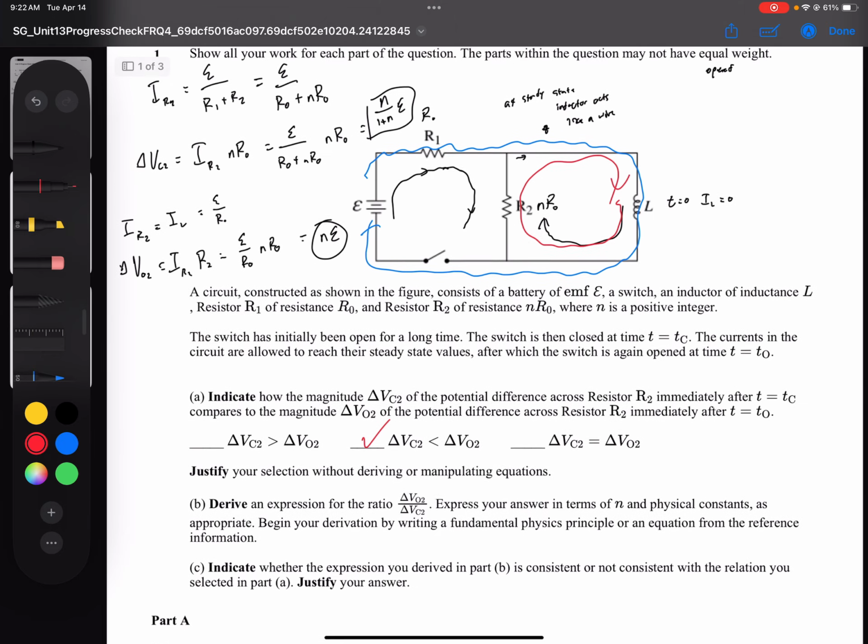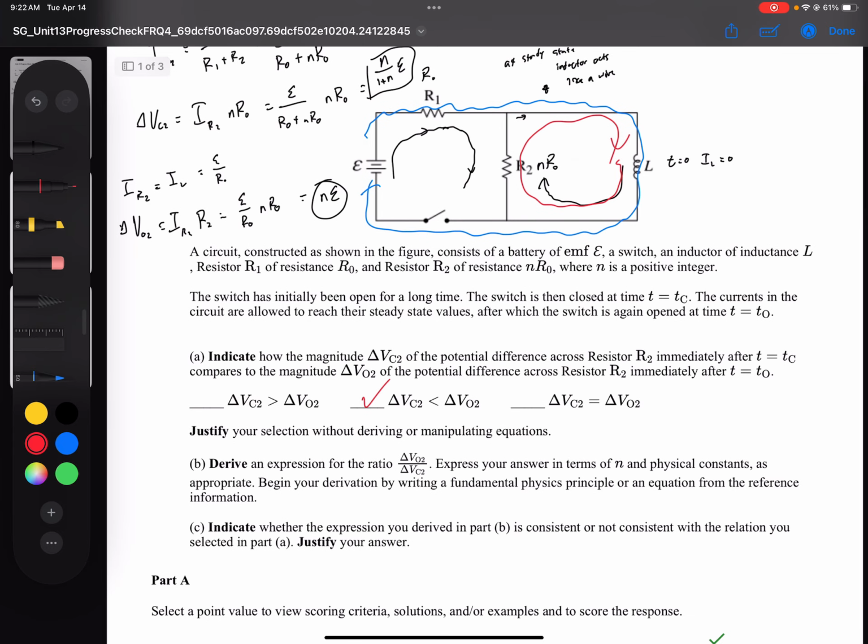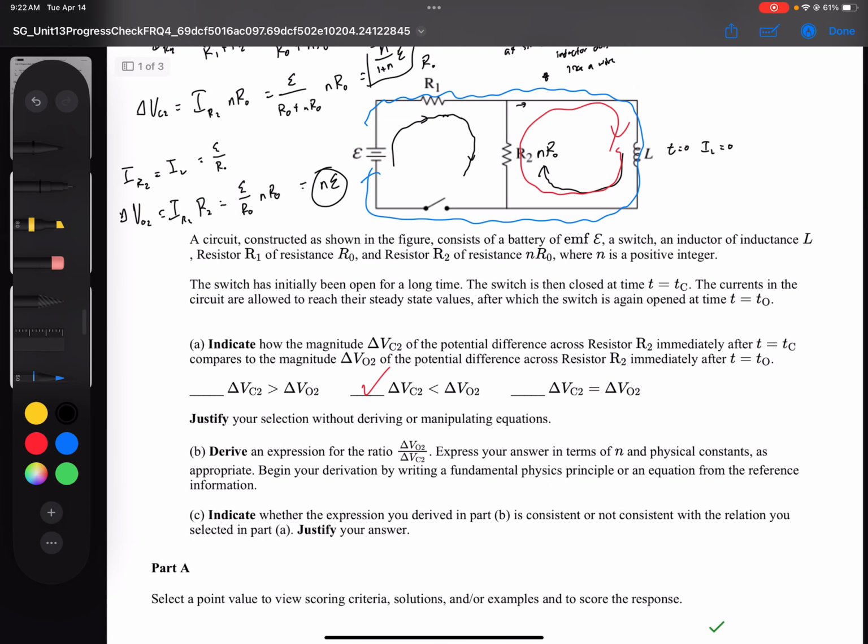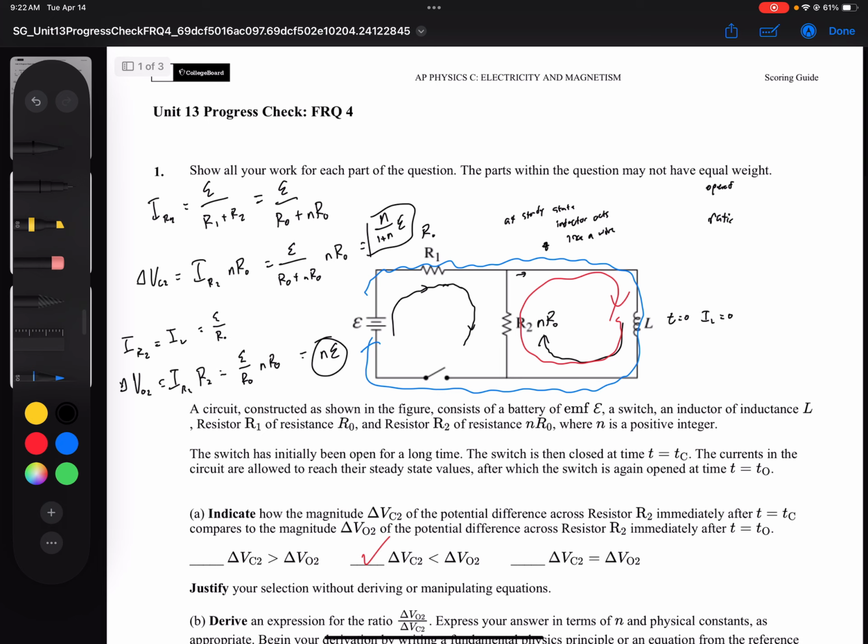And then the final part, you have to look at the ratio. So we have to derive a ratio and then see if it's consistent. So the ratio of delta V open, we know it's going to be greater than immediately after it's closed.